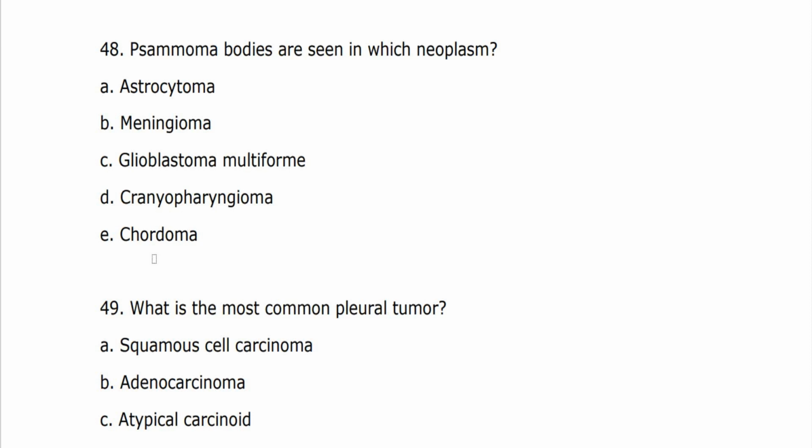But there are non-papillary lesions where you also see psammoma bodies. Examples include meningioma, somatostatinoma, and prolactinoma. So psammoma bodies are seen in meningioma. That will be your answer.